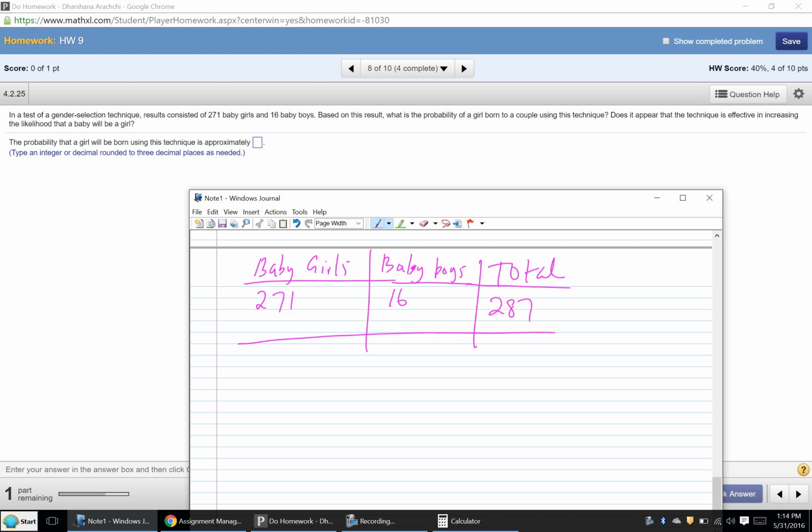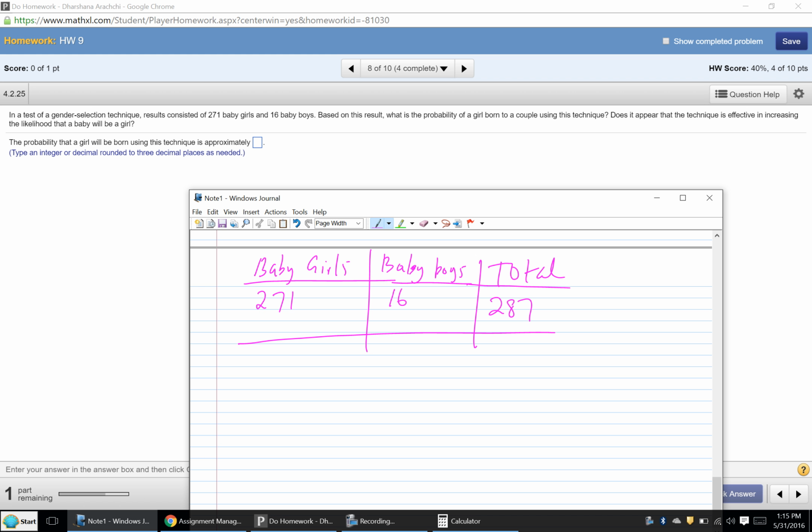So out of 287 babies born due to this experiment, 271 happen to be baby girls and 16 happen to be baby boys. What is the probability that a girl will be born using this technique?